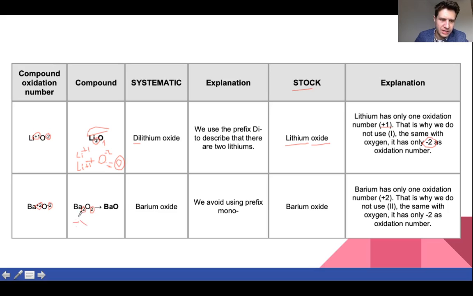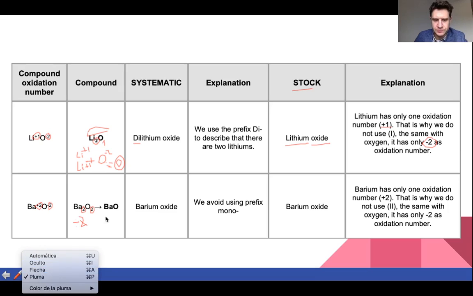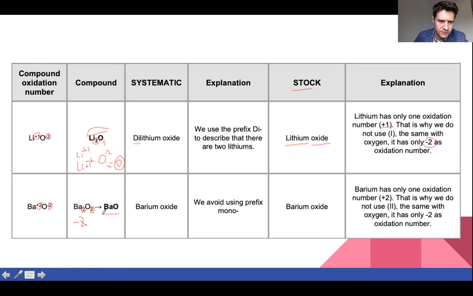This is not a very nice 2, but the computer is not working properly. It looks like an 8. Anyway, when we divide by 2, we have the final result of BaO, barium oxide. We avoid the use of prefix mono.